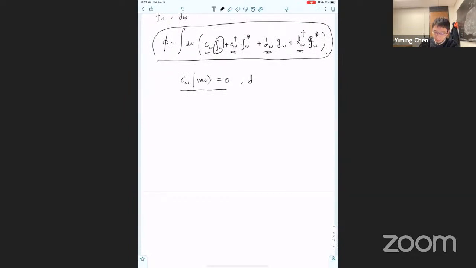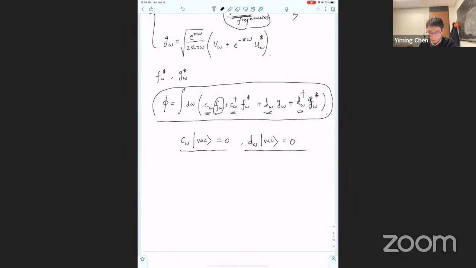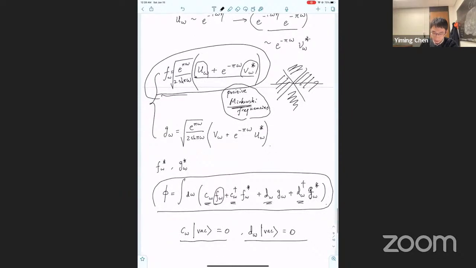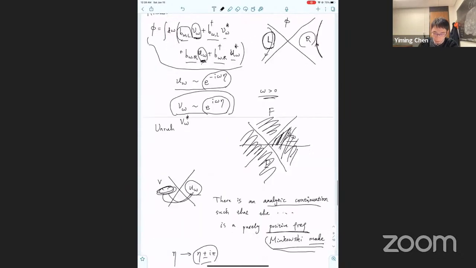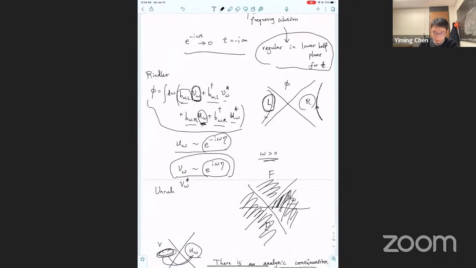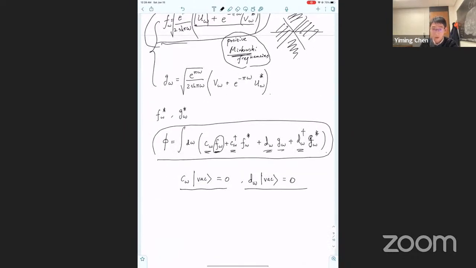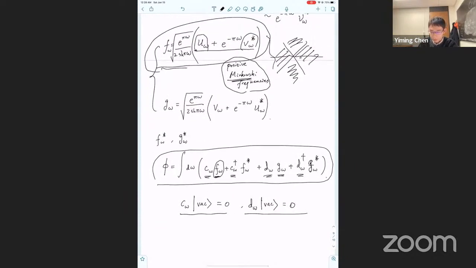The same statement works for the operator D omega, so that is also 0. And another nice thing about this mode expansion is that we know how the mode functions V and U are related to the new mode functions F and G. So we know the explicit relation, as I have just told you here.